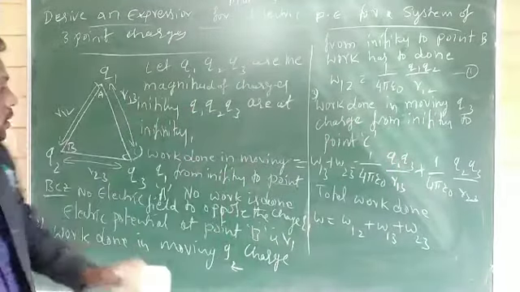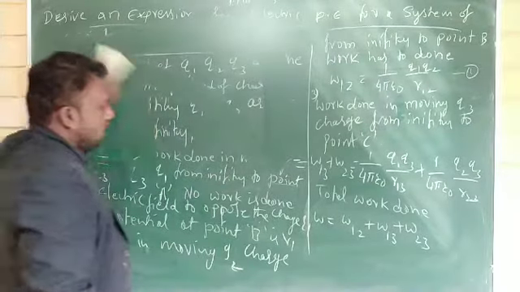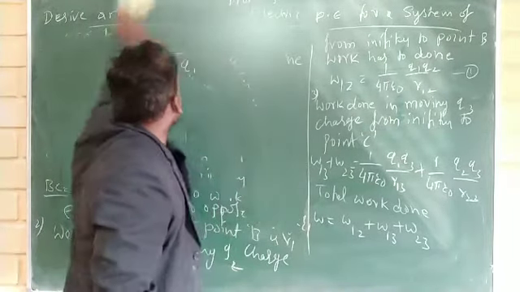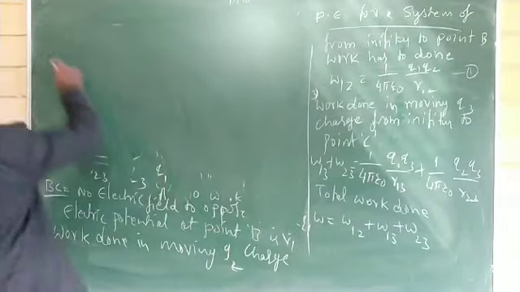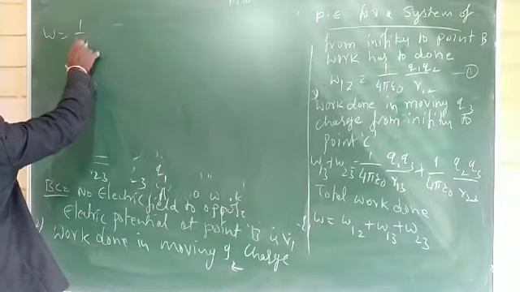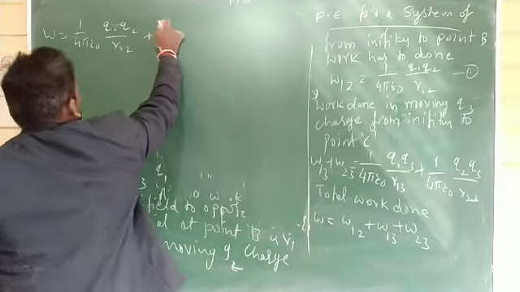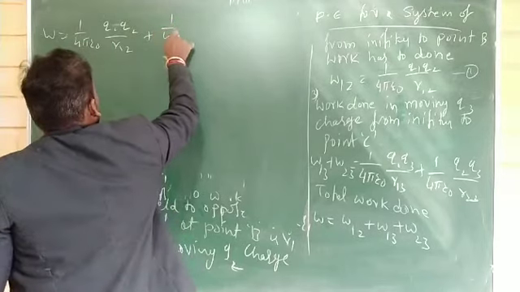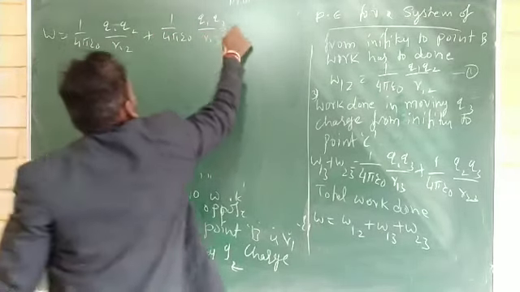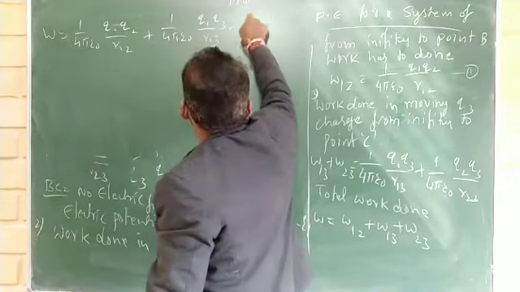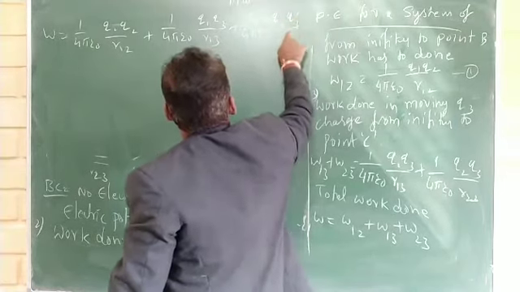Okay, substitute the values. W is equal to 1 divided by 4 pi epsilon naught Q1 Q2 divided by R12 plus W13 is equal to 1 divided by 4 pi epsilon naught Q1 Q3 divided by R13 plus W23 means 1 divided by 4 pi epsilon naught Q2 Q3 divided by R23.